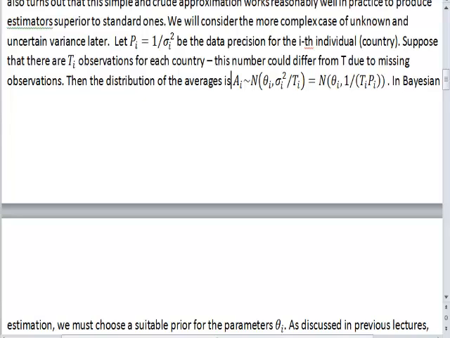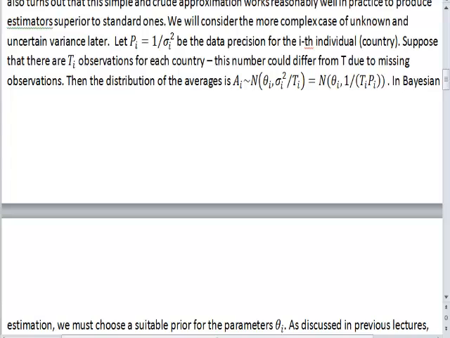So a few points missing in the middle doesn't matter. In a time series, things matter much more because the position of time is important, but under the IID assumption, the position in time doesn't matter. So if we have a different number of observations in each country, it makes no difference for this analysis.